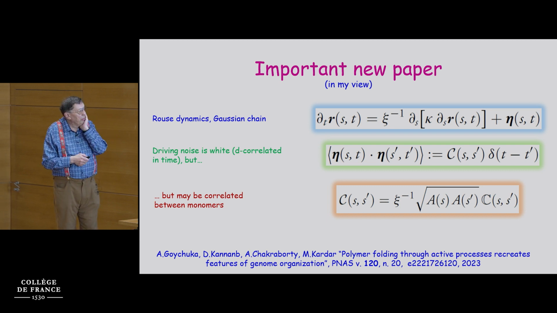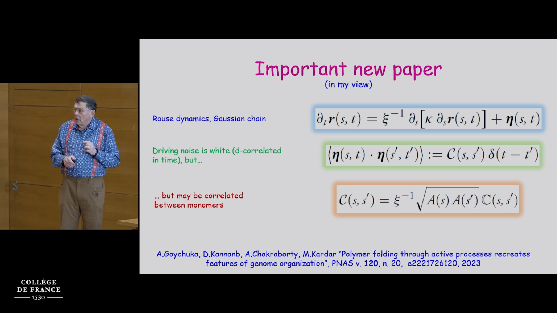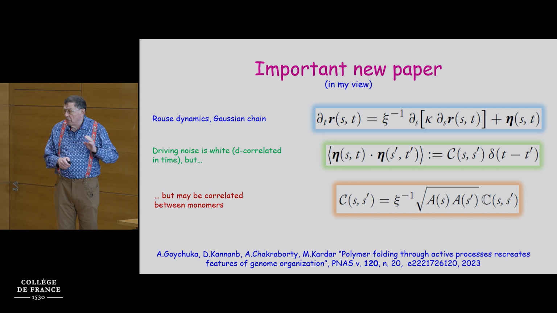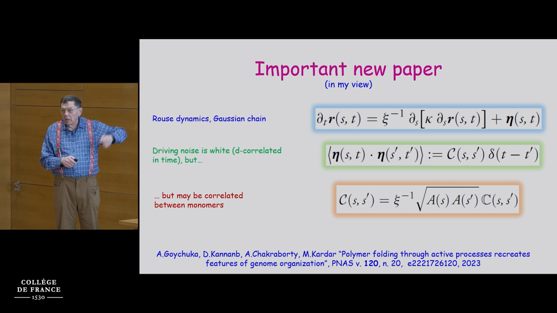So in this new paper by Mehran Kardar, Arup Chakraborty, and their junior collaborators, published a year ago or so, they study the dynamics of such a polymer. And this is the simplest dynamical model, the Rouse model.